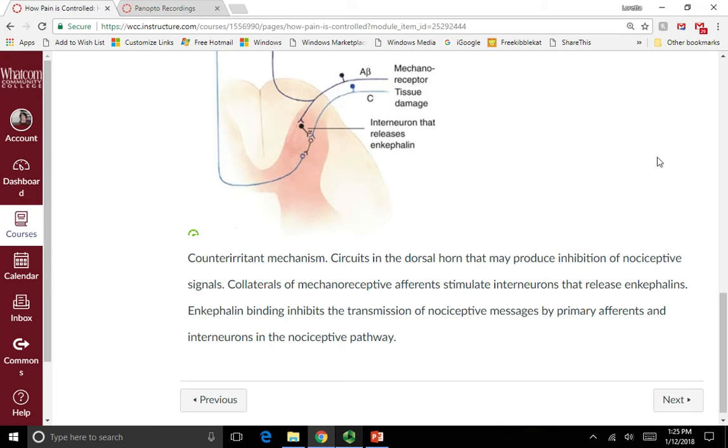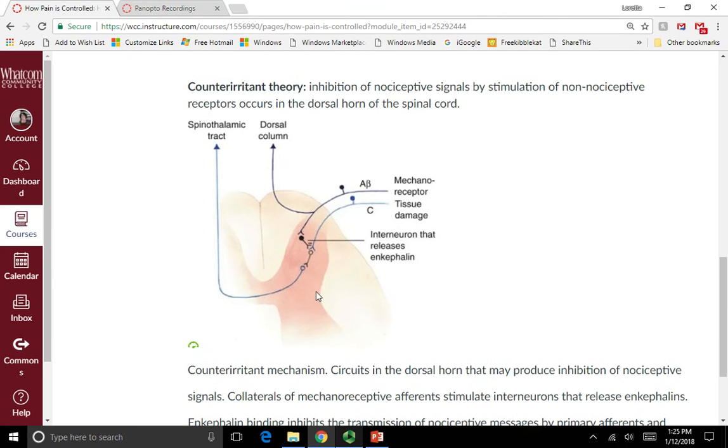Enkephalins inhibit the transmission of nociceptive messages by primary afferents and interneurons. So basically it's an ascending control using those natural endogenous pain relief chemicals. Our A beta fibers stimulate the interneuron that releases enkephalin that inhibits the information in that spinothalamic tract.